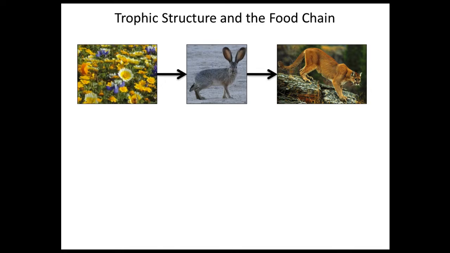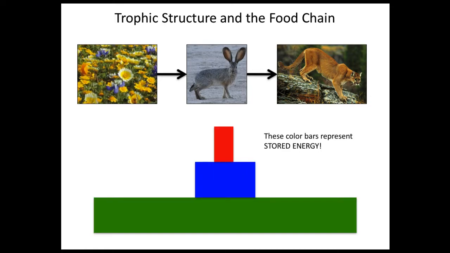We've got a variety of native wildflowers, which are eaten by rabbits, and then rabbits can be eaten by mountain lions. These colored bars represent stored energy, and we can see that plants at the bottom of the food chain have much more potential stored energy than does the mountain lion.